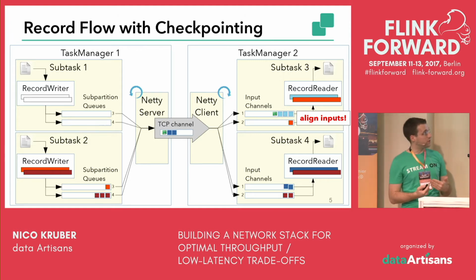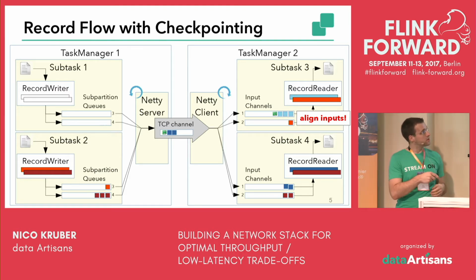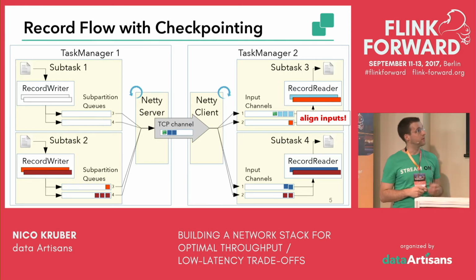If we want to checkpoint, we want a consistent checkpoint among all the nodes in the system. So when we read this, we pause this channel and wait for the checkpoint barrier to arrive on the other side as well. And this is when we take a checkpoint.